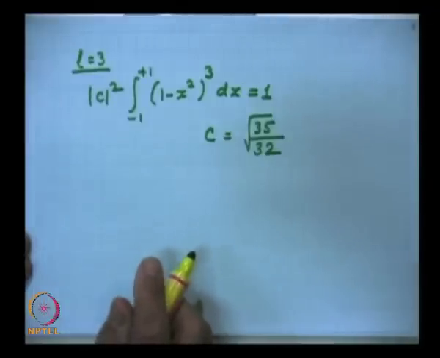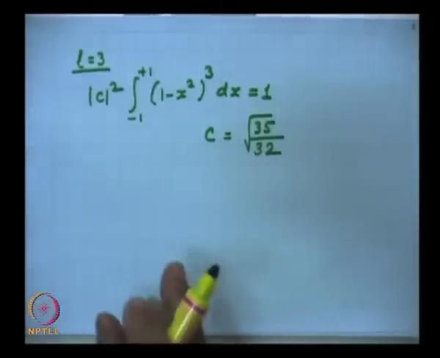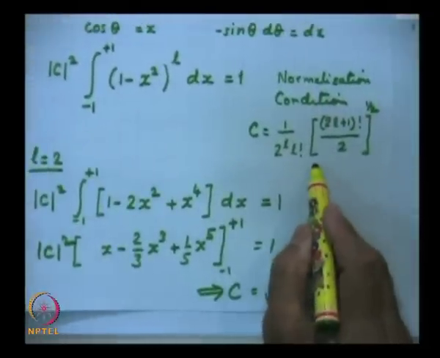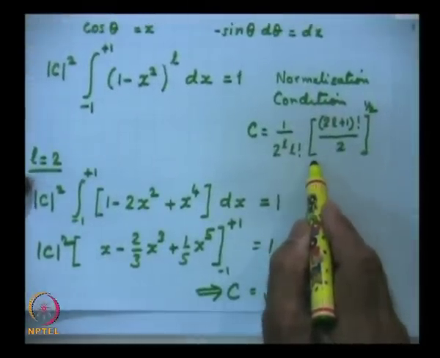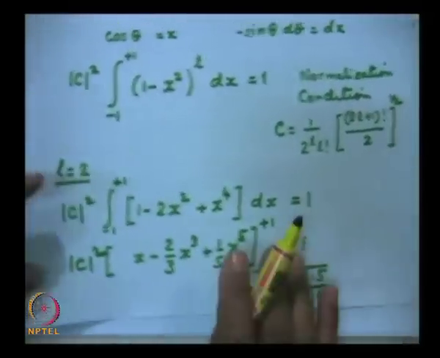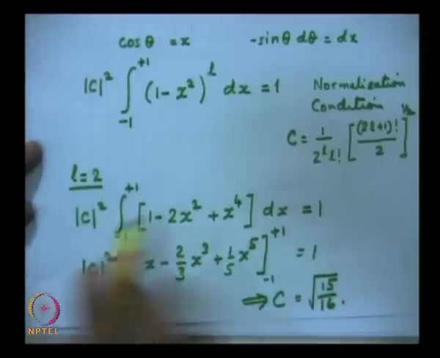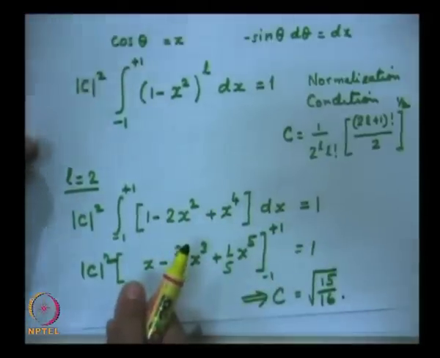So, what I wanted to tell you is that in case you do not remember the value of the coefficient, then by brute force integration I can calculate the normalization constant.